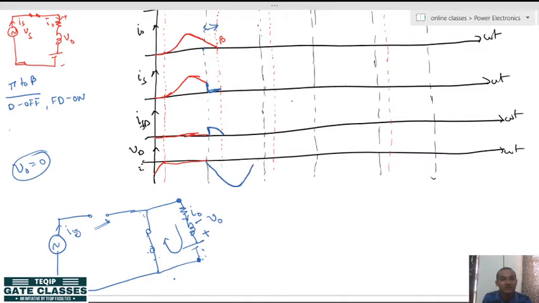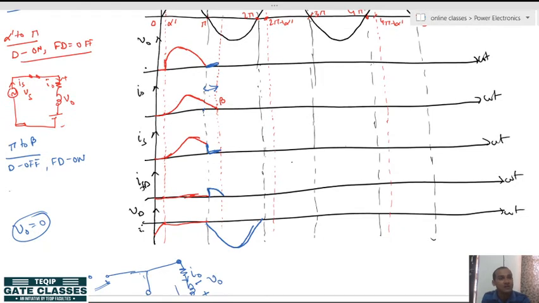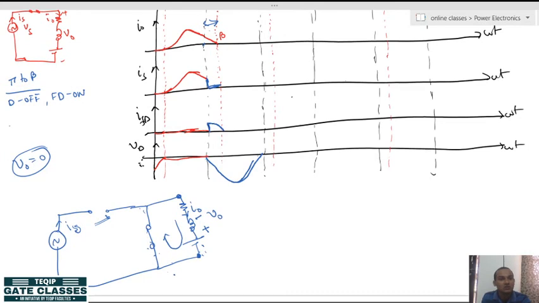So what are the benefits of using a freewheeling diode? You can see benefits. First, your load voltage does not become negative, so you can still get a higher average load voltage. Second, it helps you keep the load current continuous. Third, you do not require a high-rated diode.